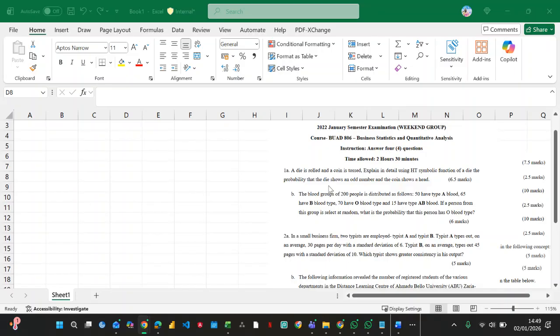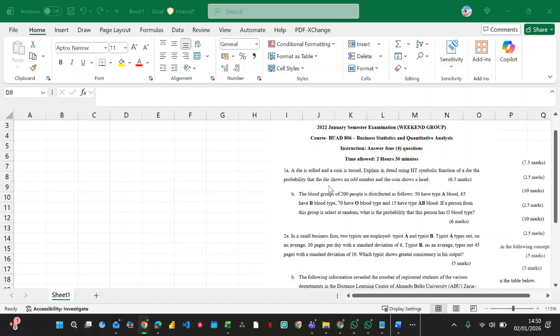So now the question says a die is rolled and a coin is tossed. Explain in detail using the HT symbolic function the probability that the die shows an odd number and the coin shows a head.